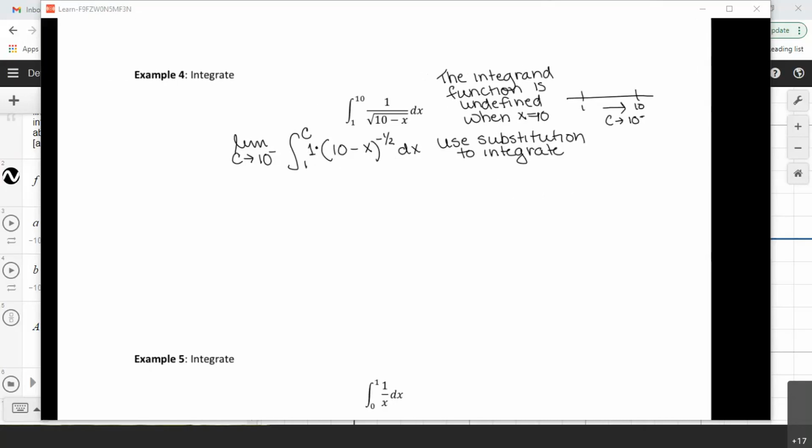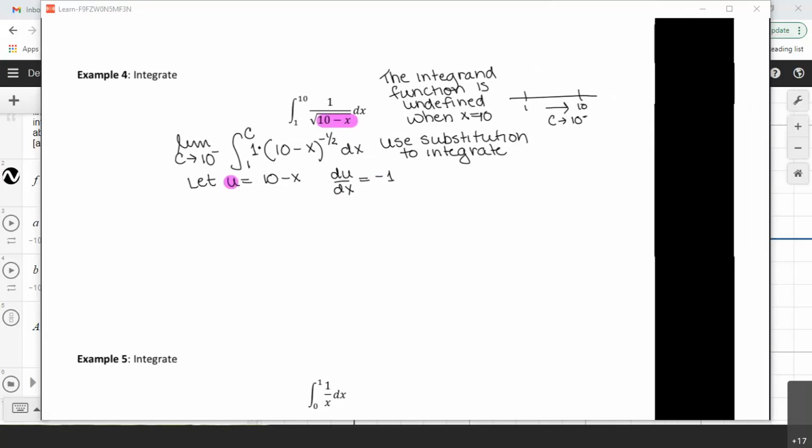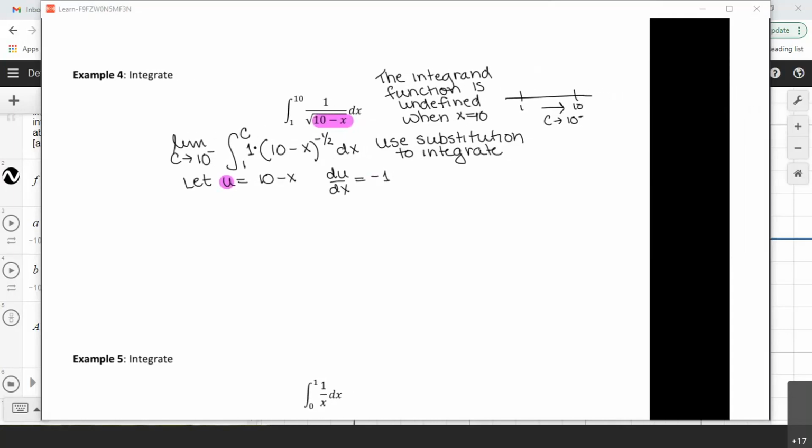Right, and I'm going to basically say let u equal 10 minus x. So that matches this. And now I have du over dx equals negative 1. Then I really actually want to match the dx on a positive 1, so let me play with that a little. I'm going to multiply both sides by dx.